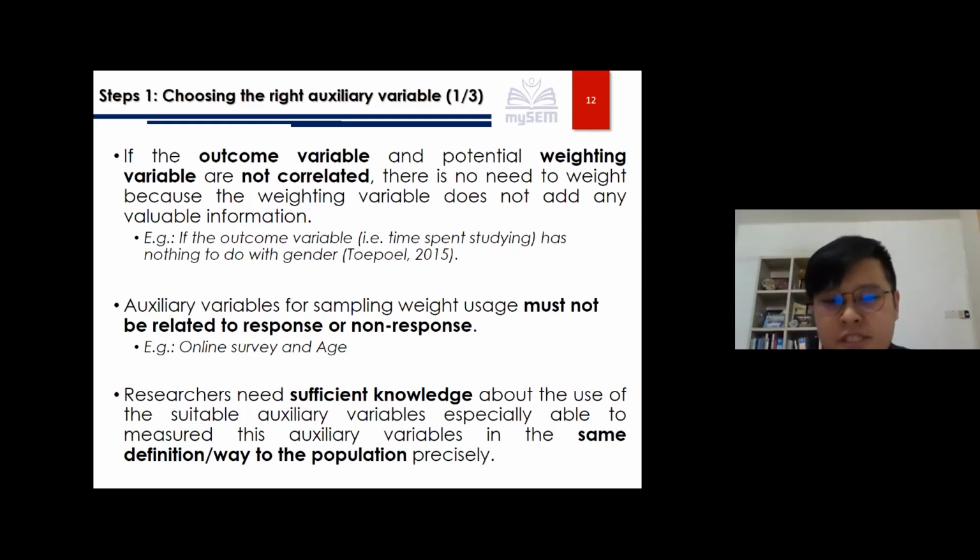Why does it relate? Because, for example, when you do an online survey and you base on age as your auxiliary variable, try to imagine age, we have an older generation and a younger generation.